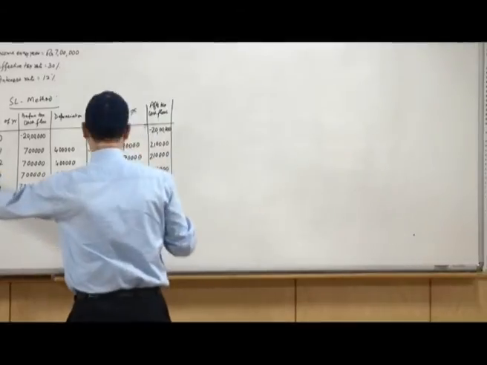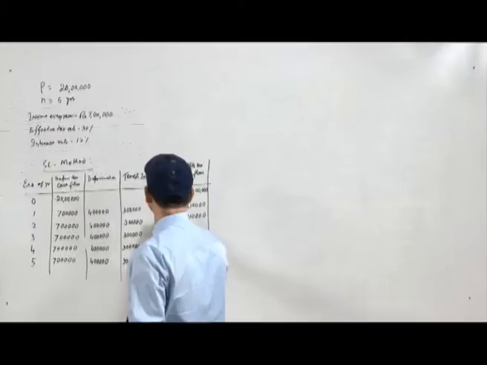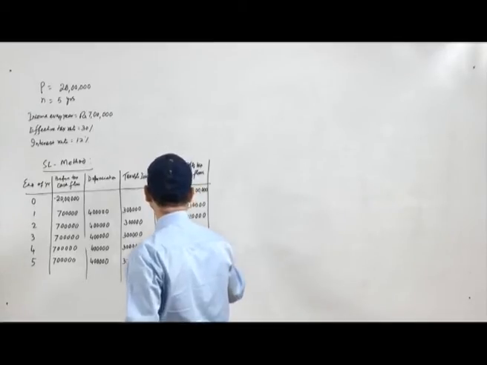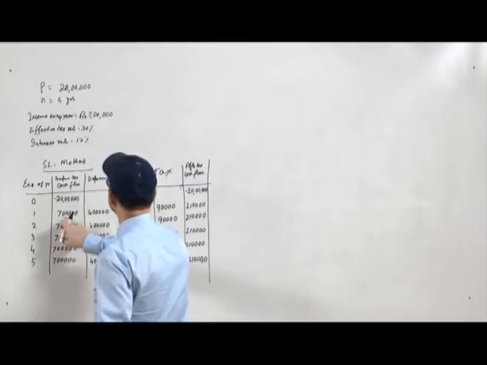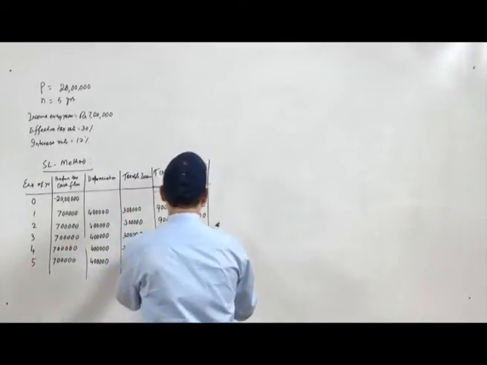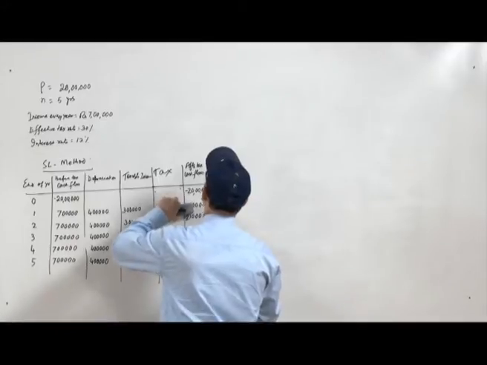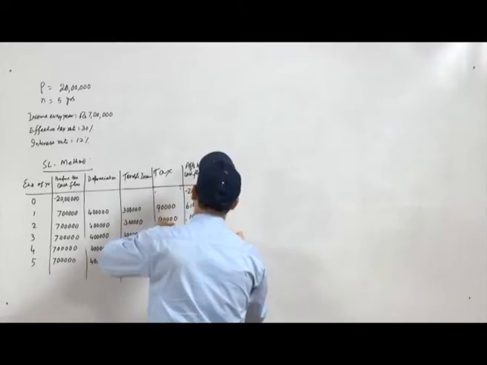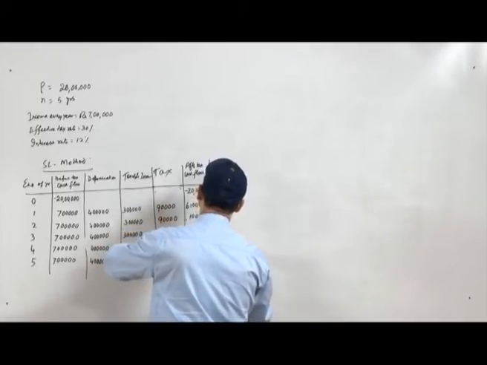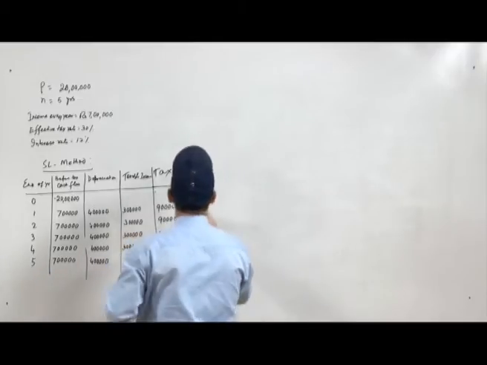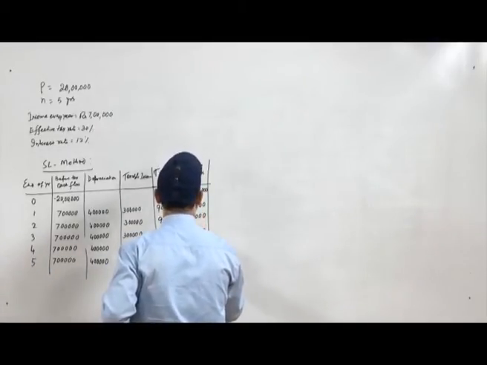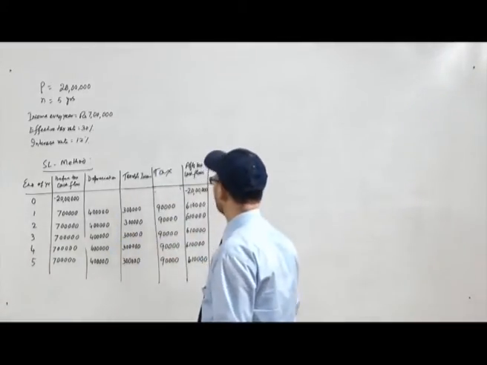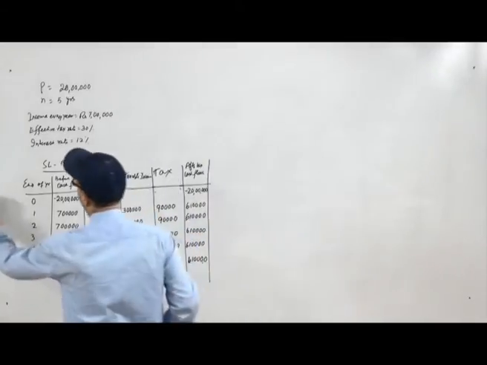One modification: we have this amount as the tax, so after tax the income is the before tax income minus this tax. So in every case it will be 6,10,000 instead of 2,10,000. This is how your after tax cash flows will look using the straight line method.